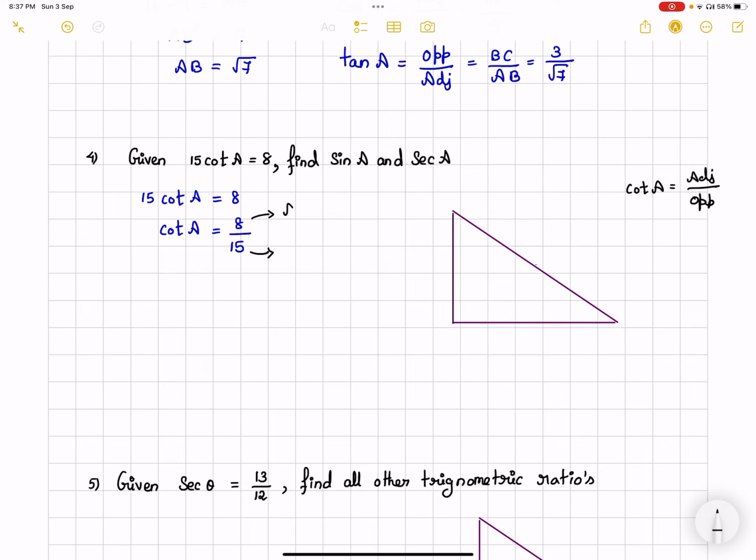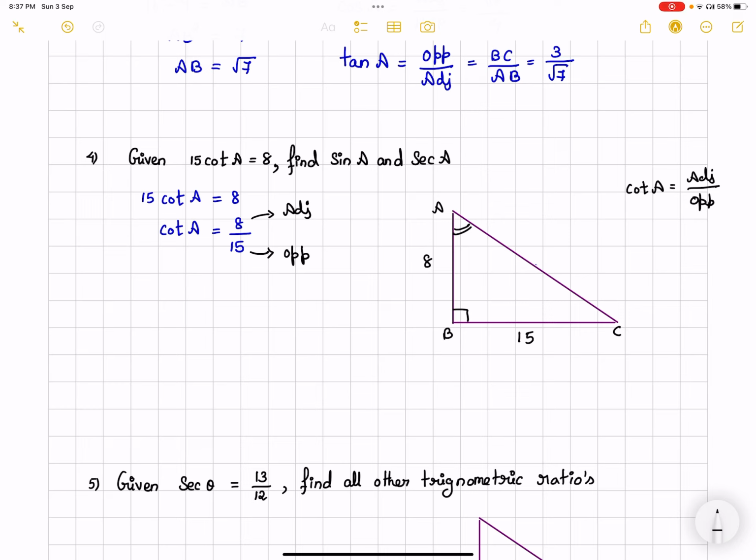So 8 is going to be my adjacent side and 15 is going to be my opposite side. Okay. Now if this is going to be a right angle triangle, let me name it as A, B, C, right angle at B. And then I have angle A, whose adjacent side is going to be 8, and the opposite side of A is going to be 15. Then these two pieces of information I have just filled in.